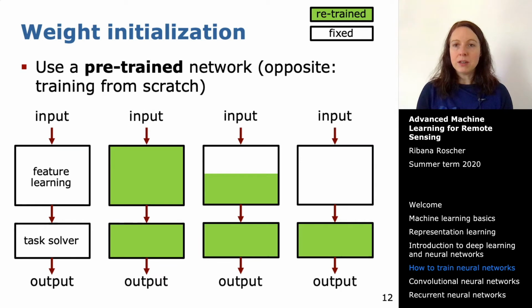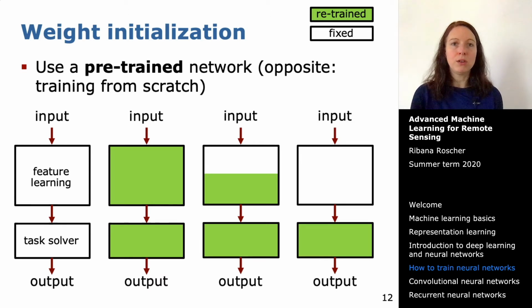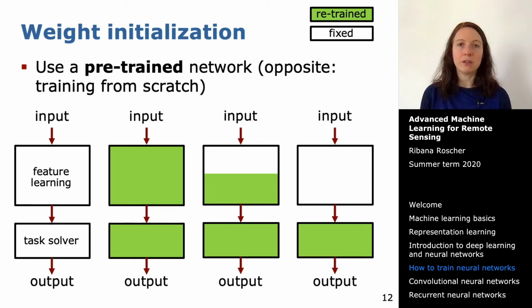So imagine someone trained the whole network on another task. So for example, the other person trained the network to distinguish between two classes. One is, for example, a forest, and the other is an agriculture field.